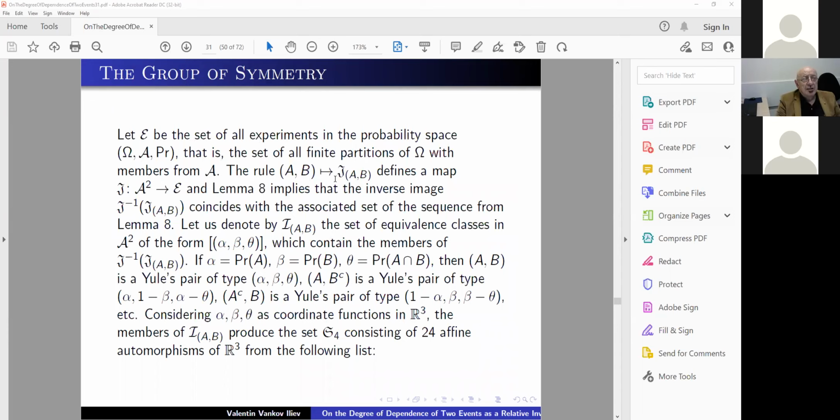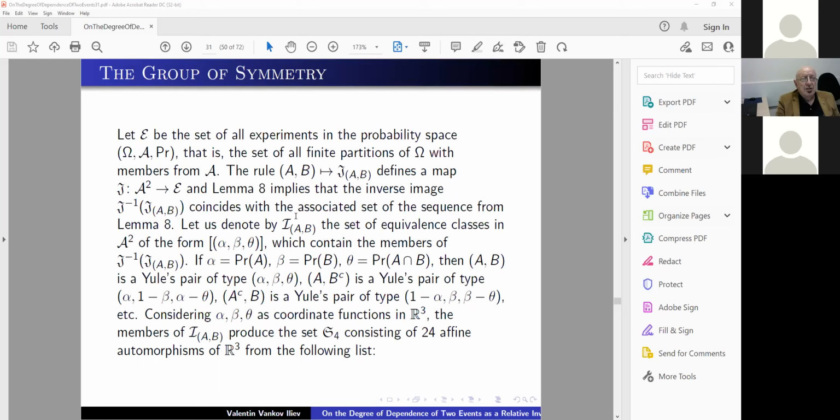And our previous lemma says simply that the inverse image of this I alpha beta coincides with the associated set of the sequence from lemma 8.